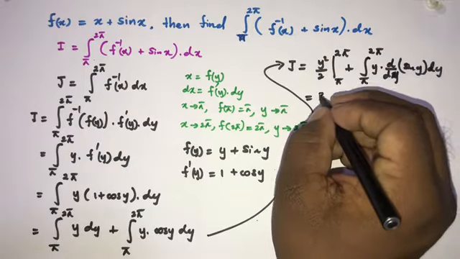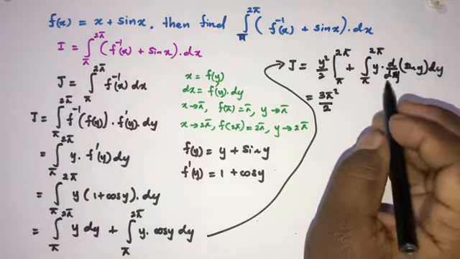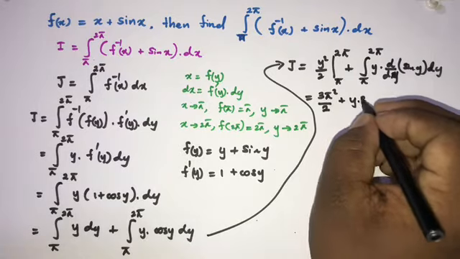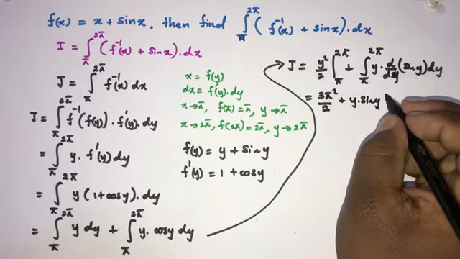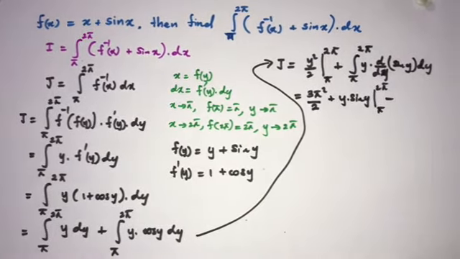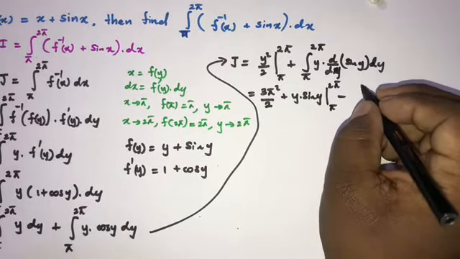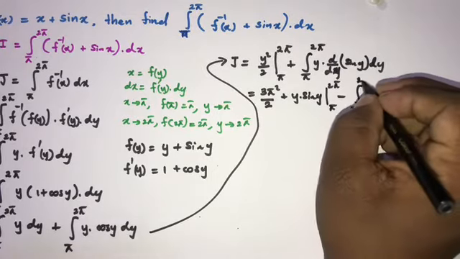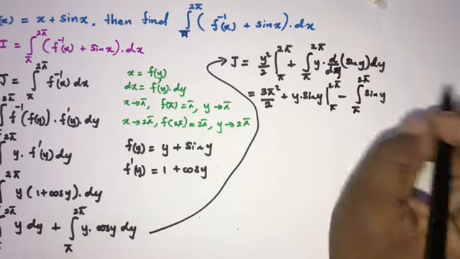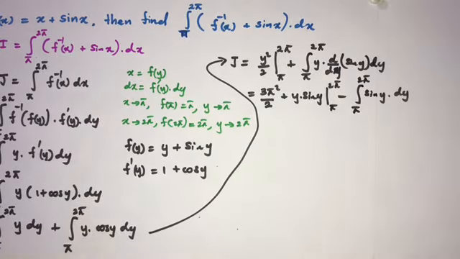So here we have 3 times pi square over 2, plus the product of these two functions, y times sine of y from pi to 2 pi, then minus the integral from pi to 2 pi of sine of y, the derivative of the first function being 1, dy.